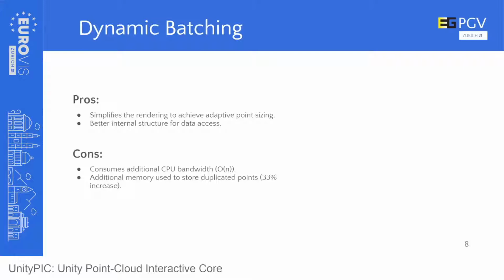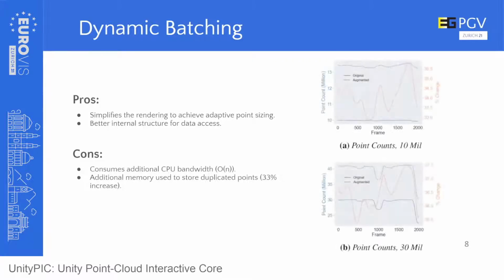The time complexity of the algorithm is O(n), and thus the asymptotic complexity of the point loading remains the same. Also, this increase is not noticeable due to loading largely being I/O bound. For the memory increase, our analysis hypothesized an increase of about 33%. And later when we perform experiments, the empirical results also showed a similar increase.